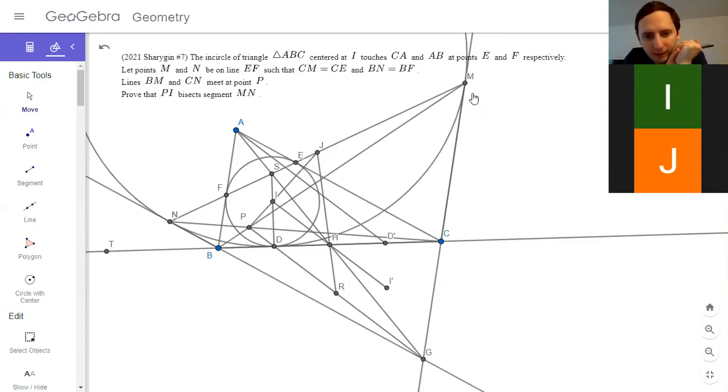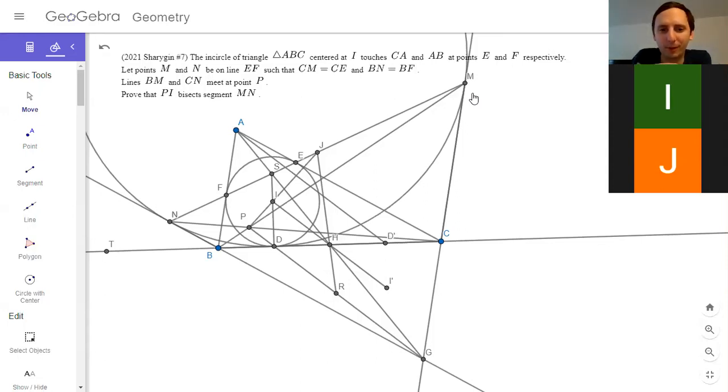Wait, do we even need it? We don't even need the nasal point. Okay. All right. How did we define R in the first place? Okay, R might not be the nasal point.